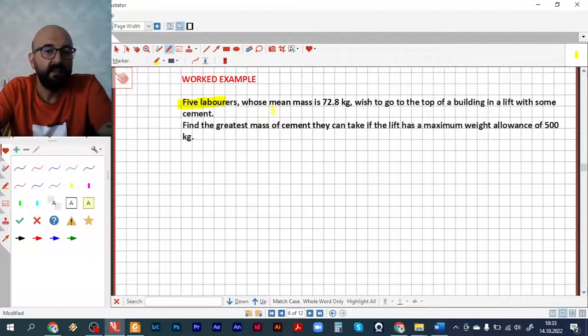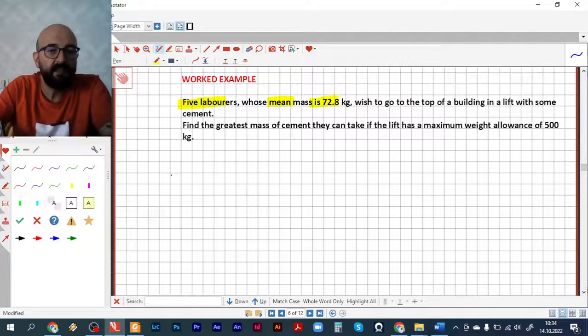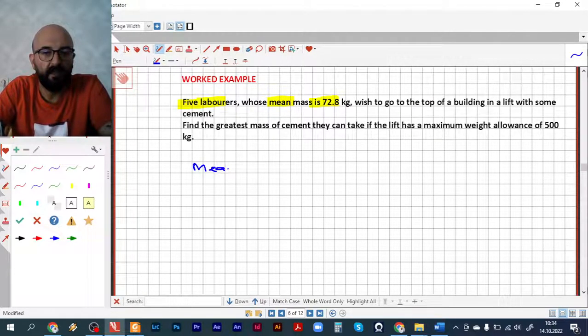Okay, now we have 5 laborers, and their mean mass is 72.8. So we know mean equals the sum of x over the number of data. We have 5 laborers, so the number of data is 5.